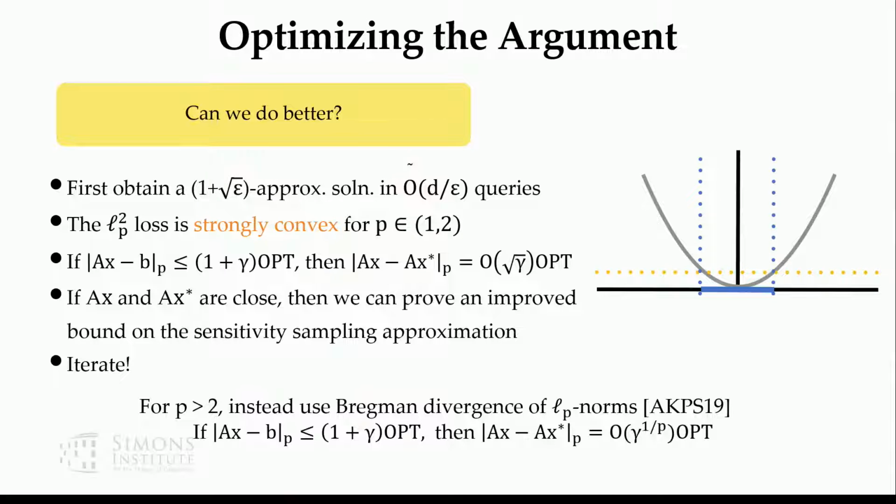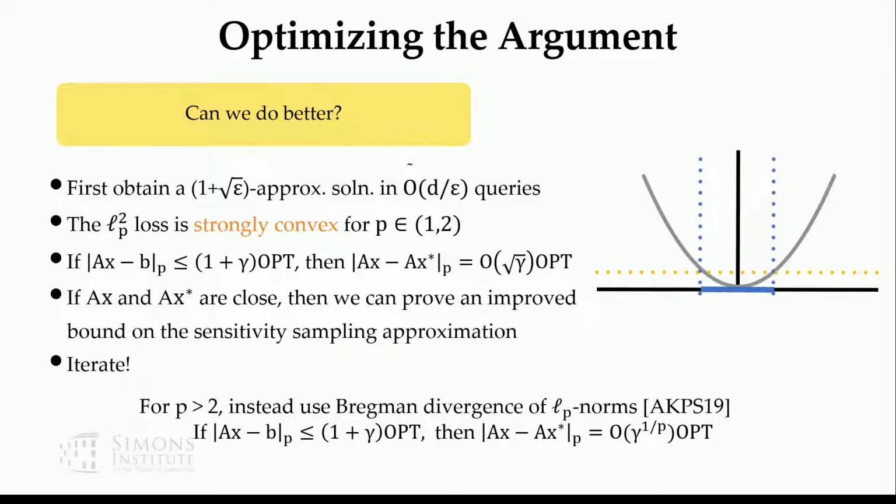Using that Bregman divergence, what we're able to show is that if the P norm of AX minus B is at most 1 plus gamma opt, where P is greater than 2, then again AX is close to AX star in P norm. The difference is order gamma to the 1 over P opt.